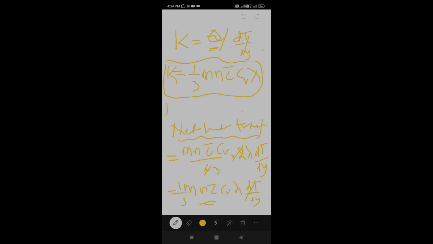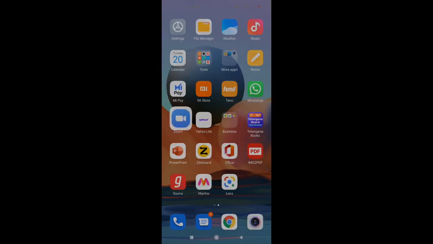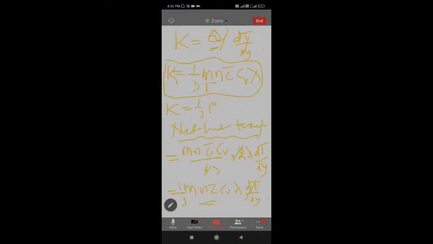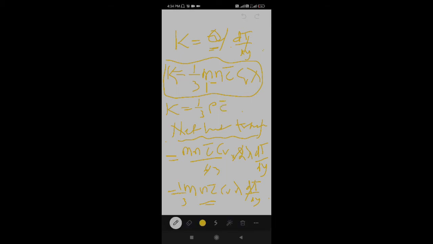See, as we wrote earlier, in the place of mn you may simply write rho. So rho c bar cv lambda. This is the expression for the thermal conductivity of the gas.